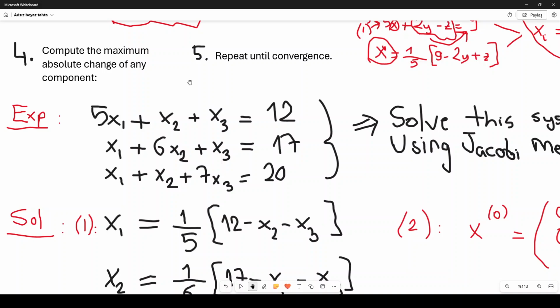This is an iterative algorithm, right? We define an algorithm, in other words, a set of rules or a sequence of instructions that we should follow in order to produce the desired output. In our case, for the Jacobi method, our desired output is the solution for our system.